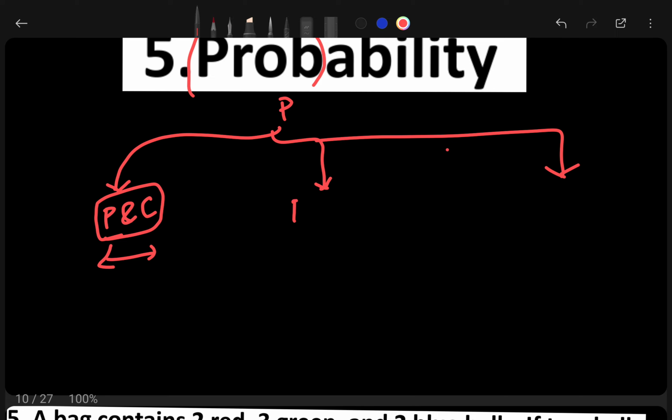Second one maybe dice, he will be throwing 2 or 3 dice and he will be saying how much probability to get some 6, how much probability to get some 8 if 2 dice are thrown, in that manner. And third is cards.